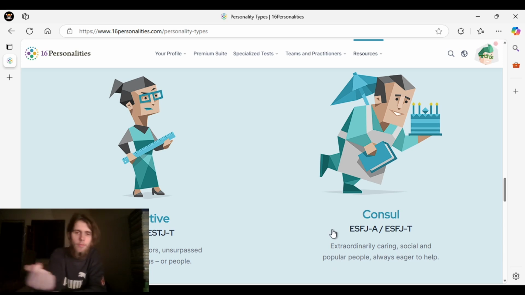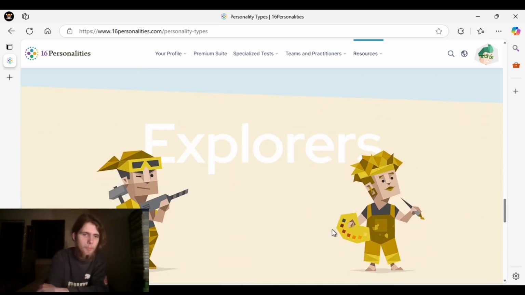But this one is a bit more caring than the ENFJ, since they are very much focused on the moment rather than the abstract things and stuff like that.